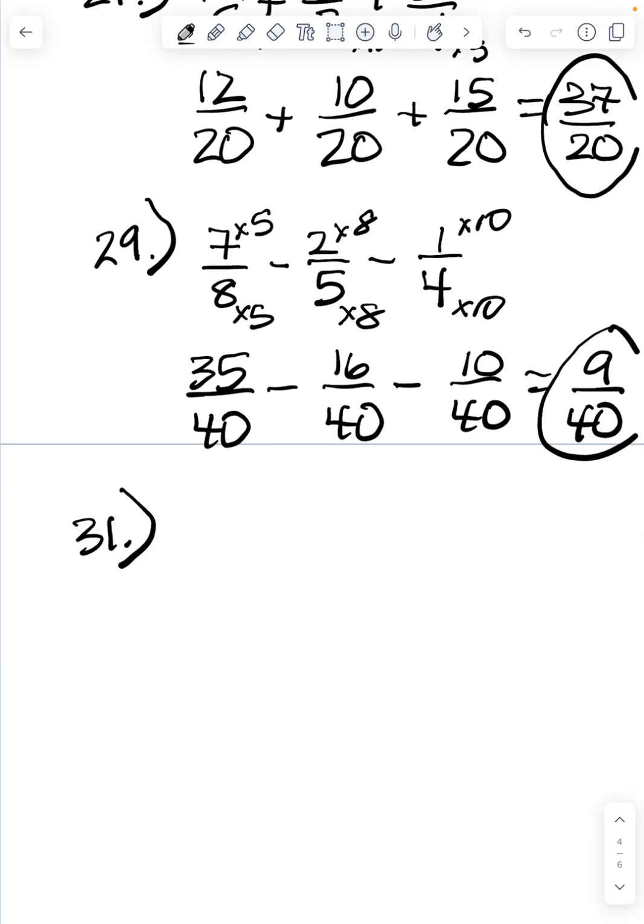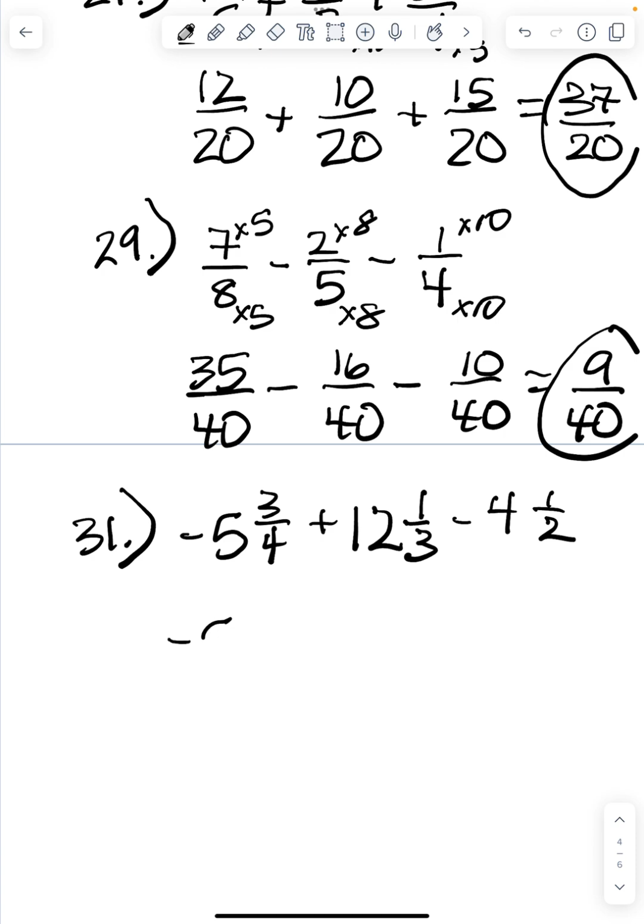Number 31. -5 3/4 plus 12 1/3 minus 4 1/2. All right, common denominator will be 12. So -5, and then the 12 and then the 4. Okay.